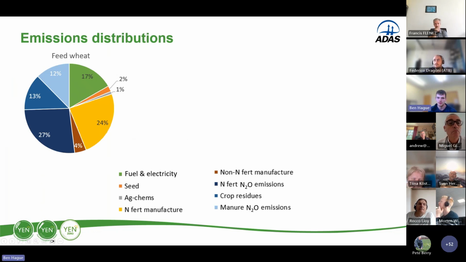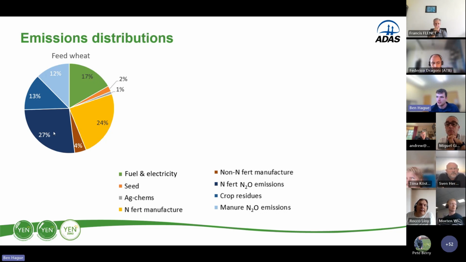So moving on to the distribution of emissions for different crops. This is not an example of how much emissions are from this crop, but where the emissions are distributed within the production of a winter wheat, feed wheat. The headline figure here is that over half the emissions are associated with nitrogen fertilizers. This is the manufacture of the fertilizer and also the application, resulting in nitrous oxide emissions.